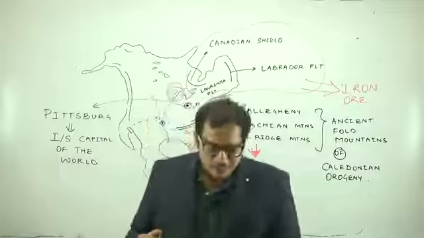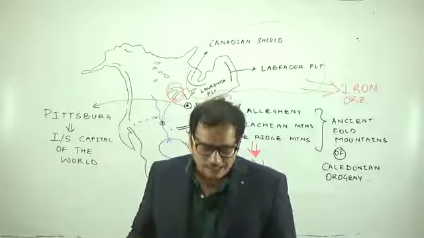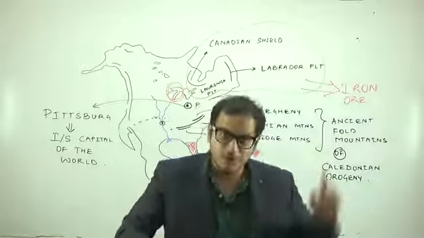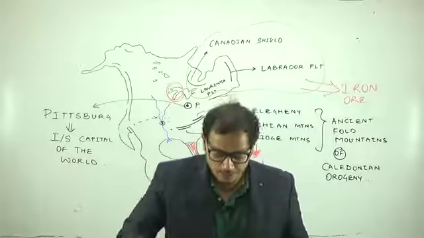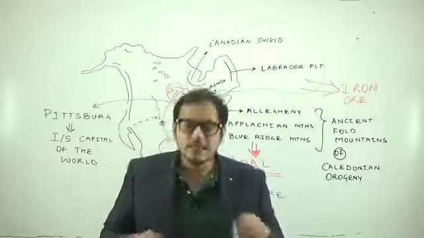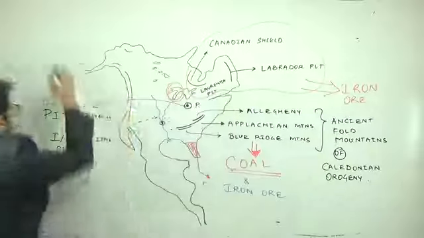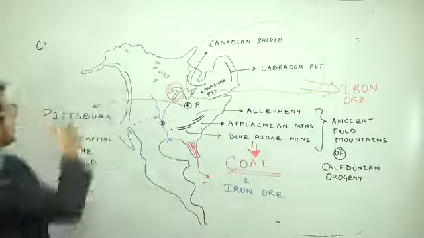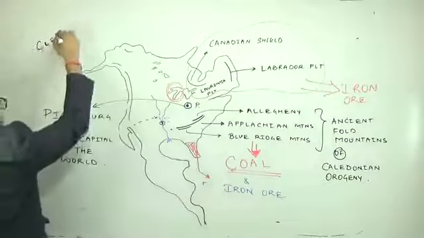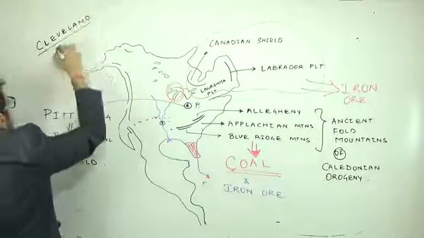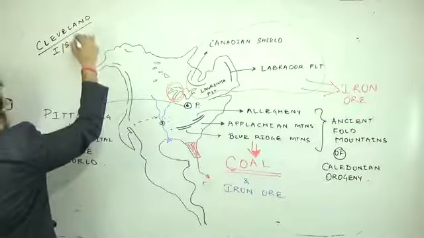Next important cities you should remember in this region, after Pittsburgh, take down some of the important cities which are located here: the Cleveland region. Again, remember, Cleveland is also famous for iron and steel industry.